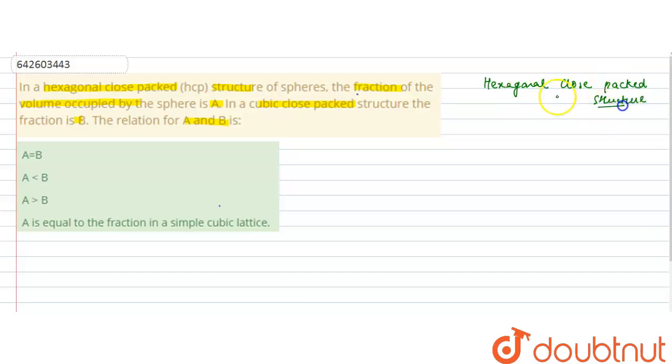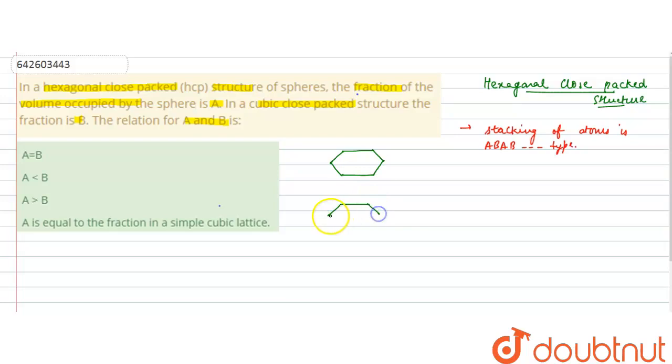the stacking of the atoms or the layering of atoms is AB-AB type. So we will draw its structure like so.